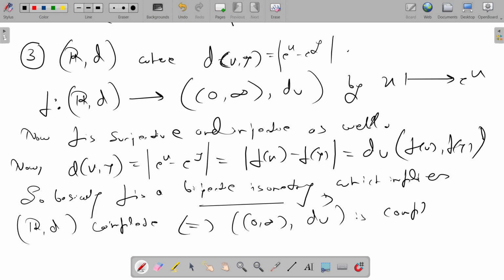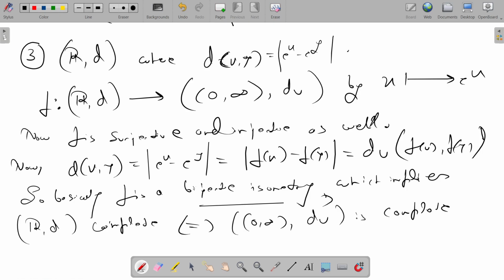And it is easy to see, because if we have a Cauchy sequence which converges here, right?